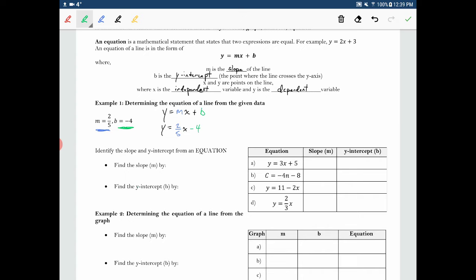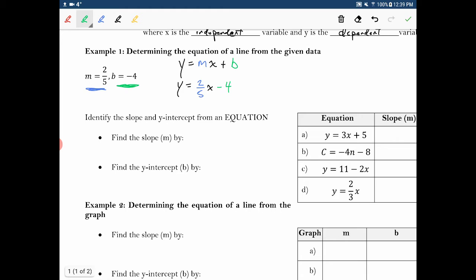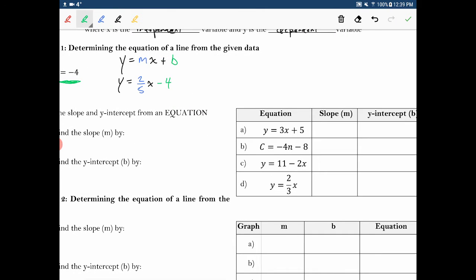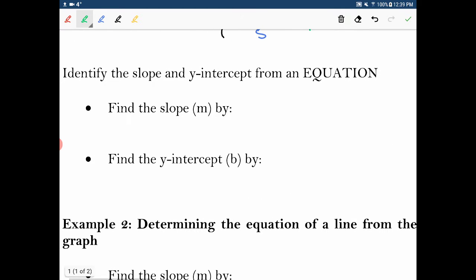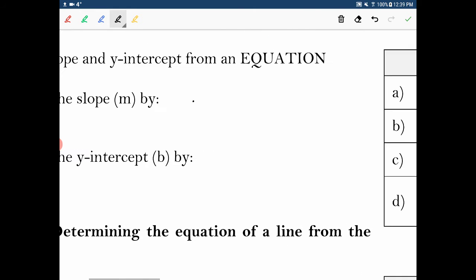Okay, so let's identify the slope and y-intercept of our equation. We're using these ones over here. So all you have to do to find that slope then is to look in front of the x. So we're going to find it by reading the number in front of the x.